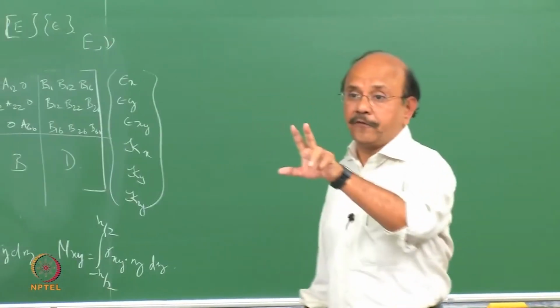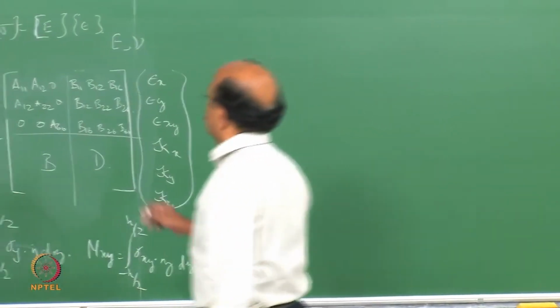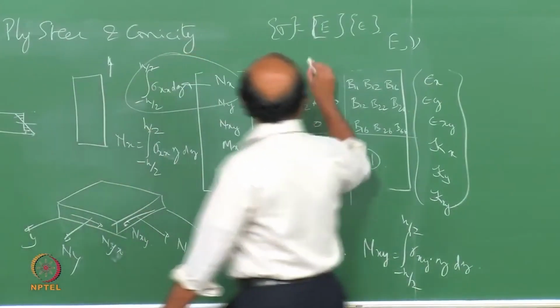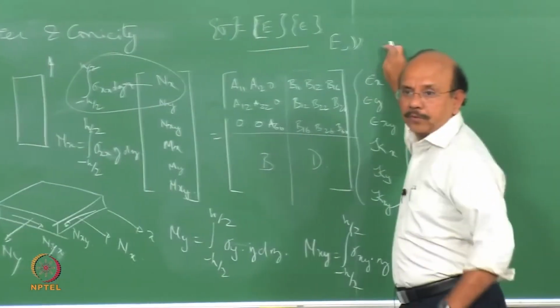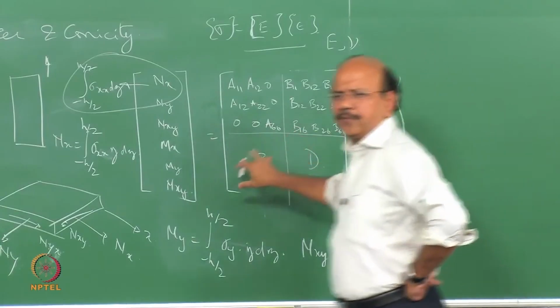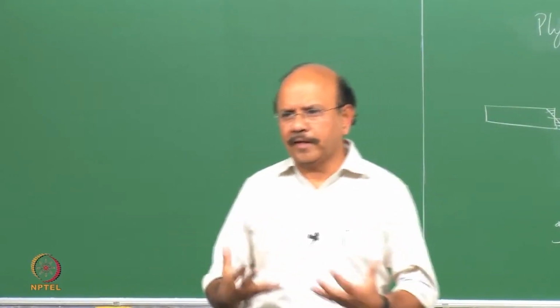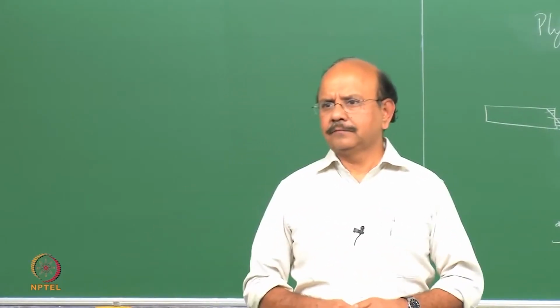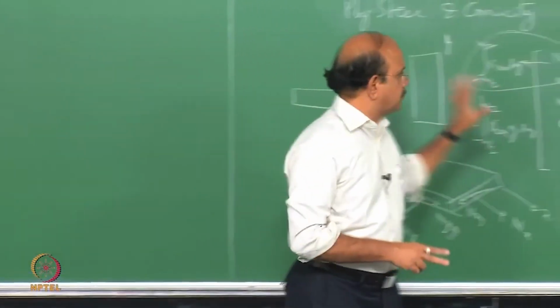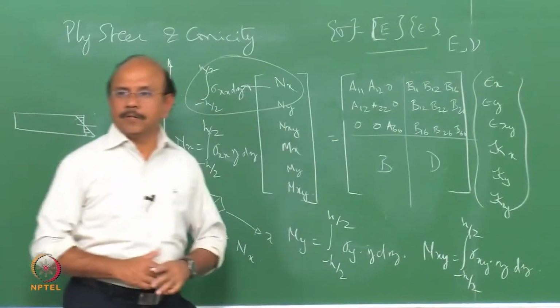So note the difference between the way a plate equation is written and a regular constitutive equation. Can you call this a constitutive equation? Yes, you can keep debating that, because a constitutive equation is stress and strain for a material. Now you're talking about a plate, of course, agreed. Any questions? So this is the equation which you would look at.